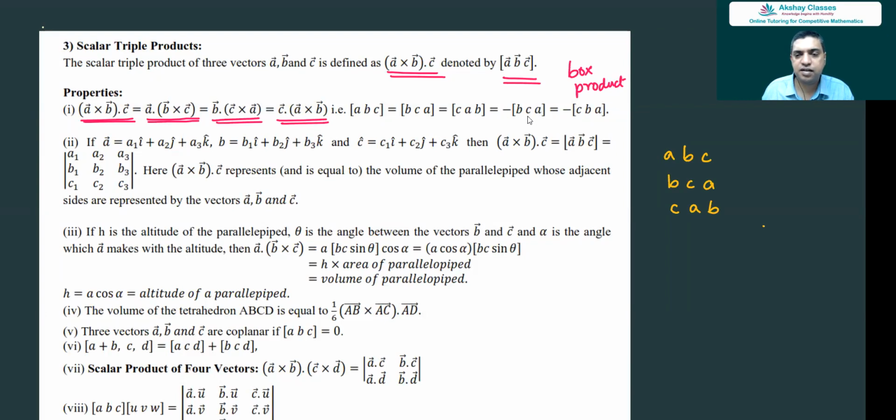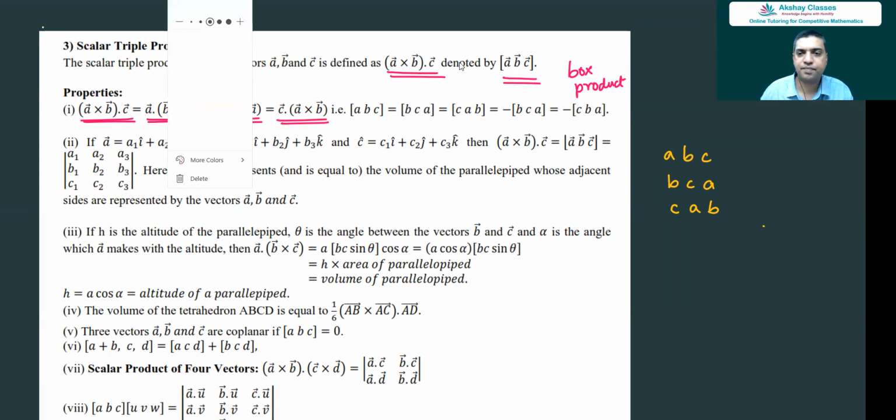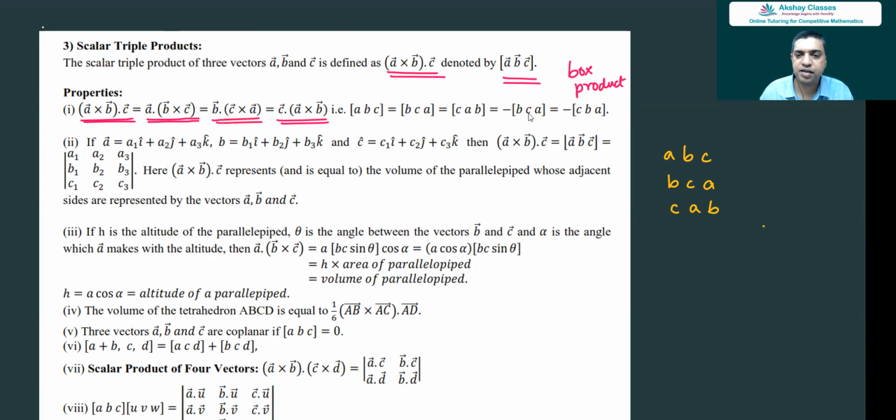But this should be BAC, with a minus. It starts with B, A, C. Now A and B have been exchanged from ABC.